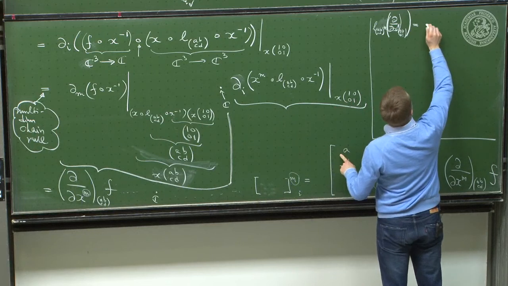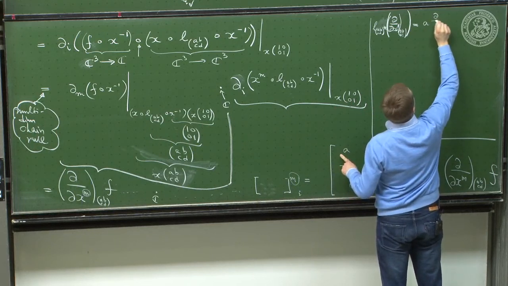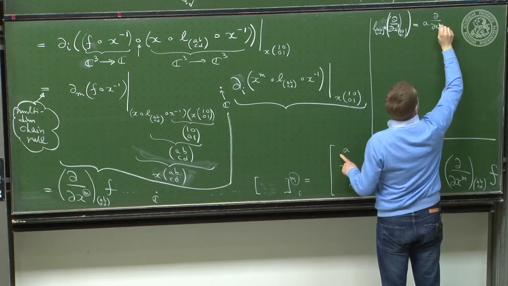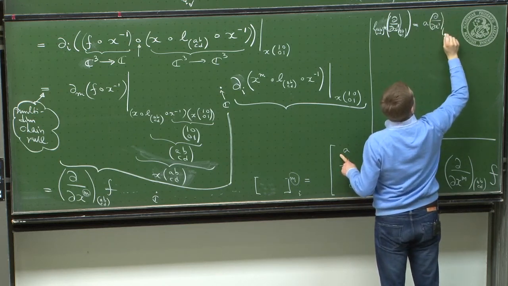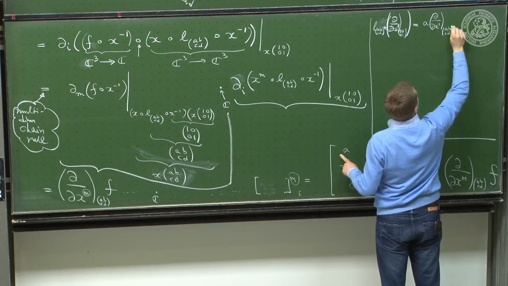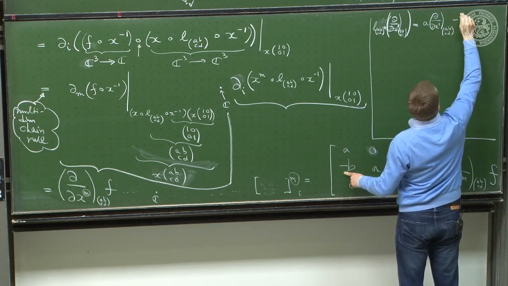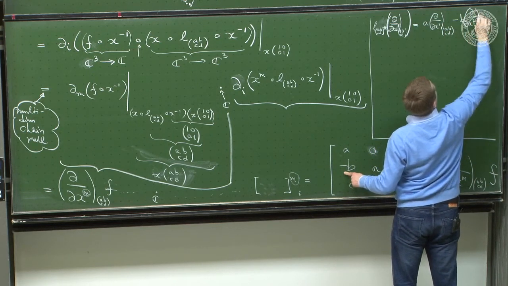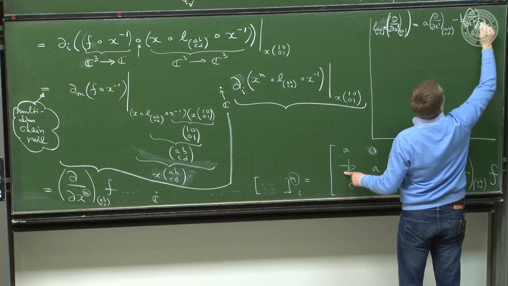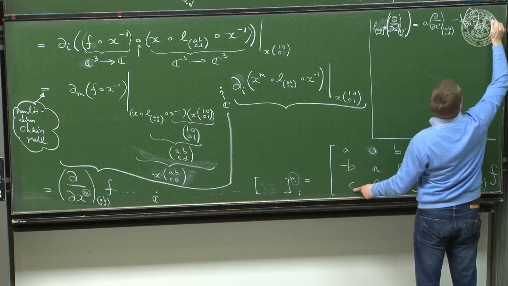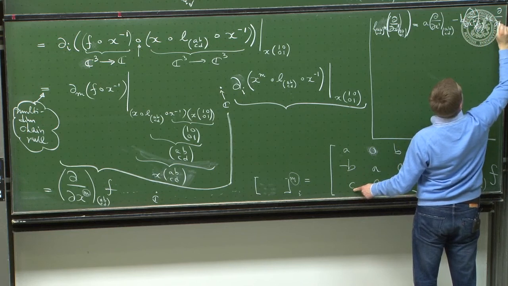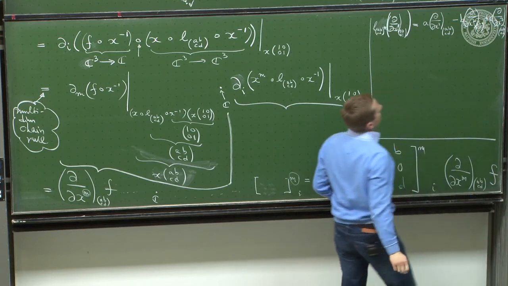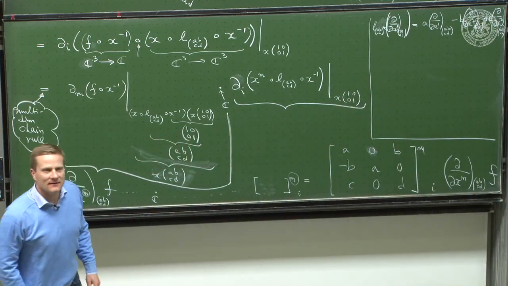This equals A d by dx1, but this is the tangent vector coordinate induced at A, B, C, D, minus B times d by dx2 at A, B, C, D, plus C times d by dx3 at the point A, B, C, D. Right?